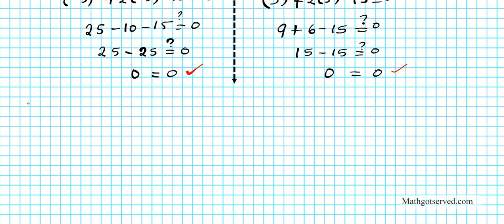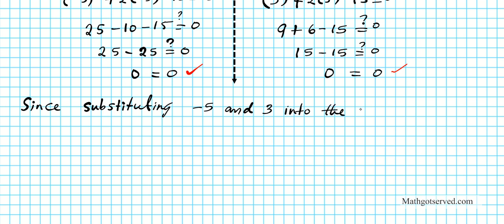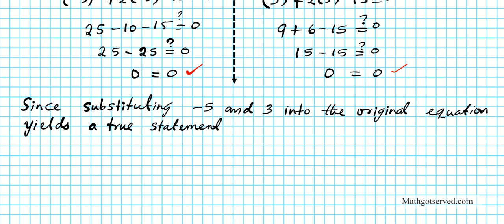So we just write a concluding remark: since substituting -5 and 3 into the original equation yields a true statement, then they are solutions to the equation.